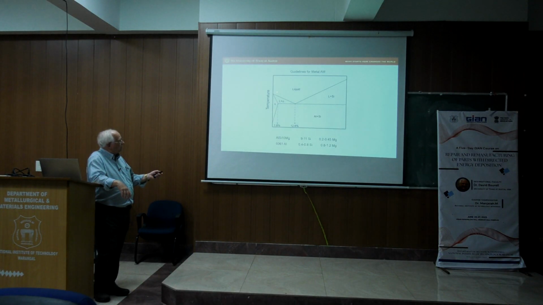However, if I go off eutectic over here and try to do the same thing, what happens is I'm in the liquid state. As I cool down, I enter this two-phase region, where from this temperature down to this temperature I have a mixture of liquid and solid.